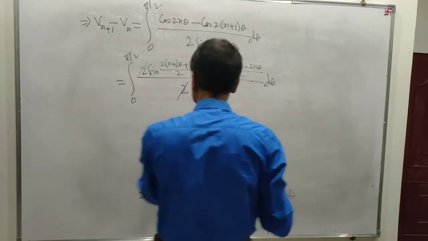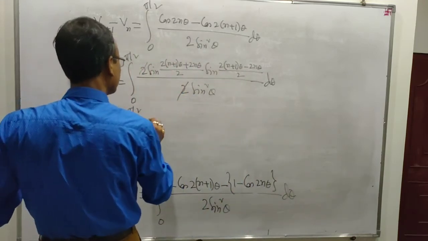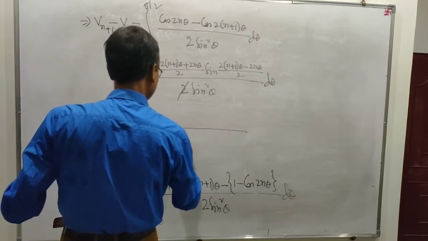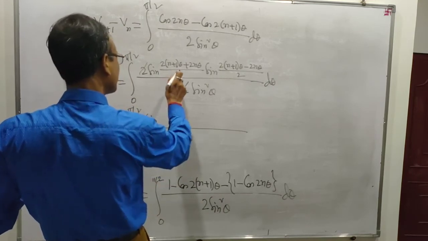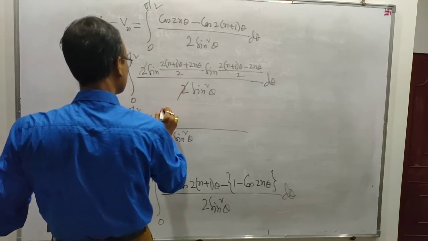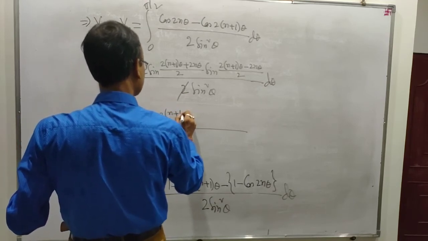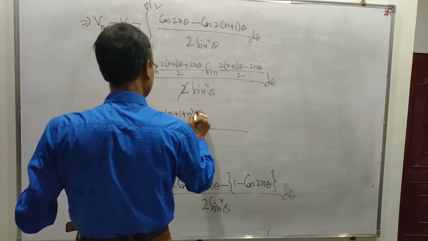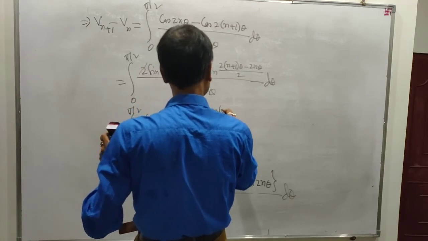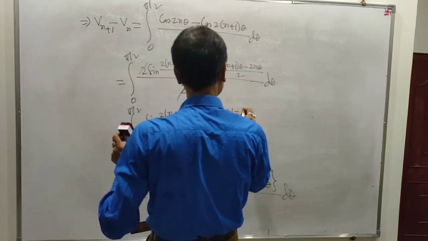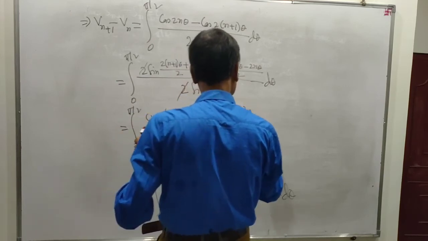This is equal to the integral from 0 to pi by 2, in the denominator sine square theta, sine of 2(n+1+n)theta divided by 2 into sine of 2(n+1-n)theta divided by 2 d theta.